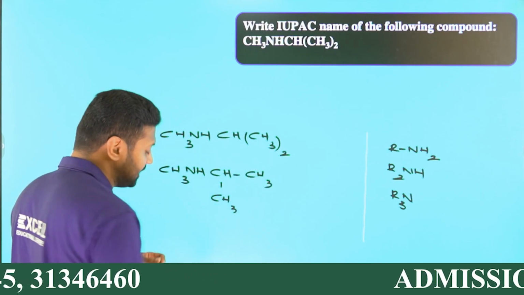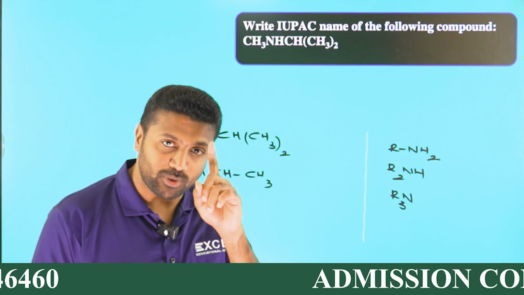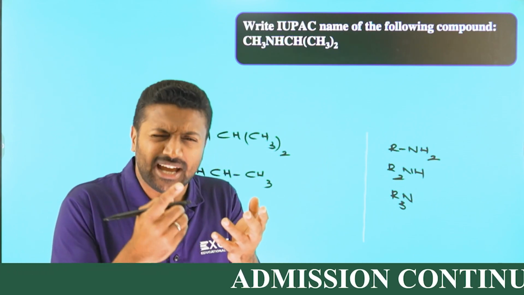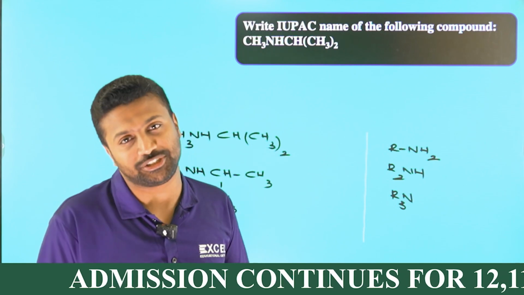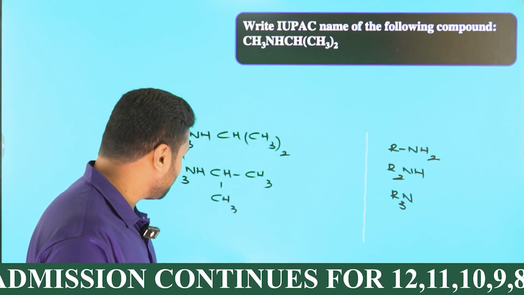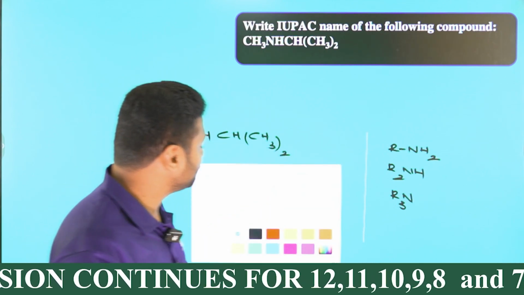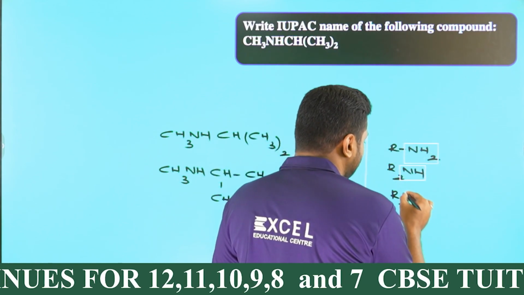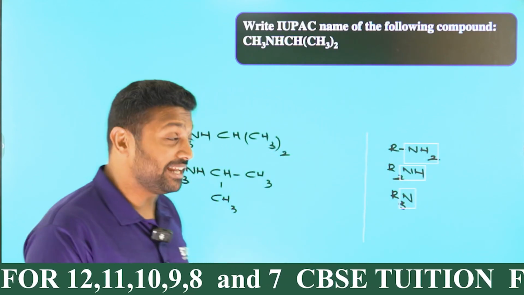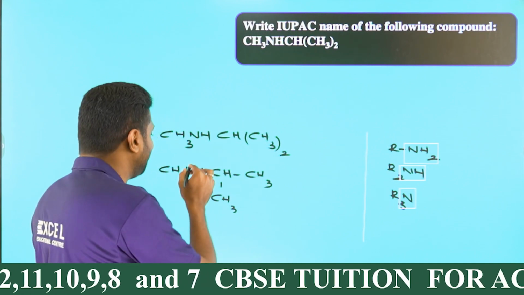Regarding the IUPAC nomenclature, rule number 1 for amines: identify whether your amine is primary, secondary, or tertiary. Primary amine has the NH2 category, secondary amine is called NH category, and tertiary amine is called N. Here my amine has NH.